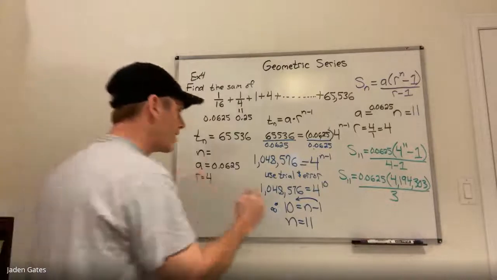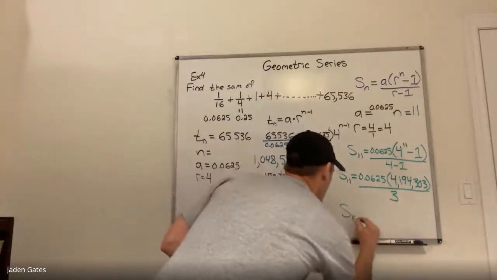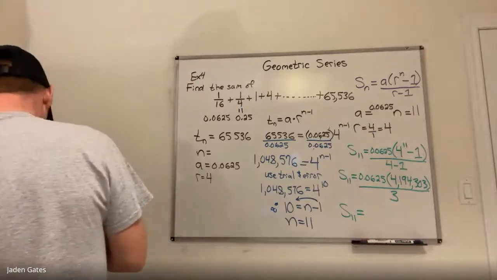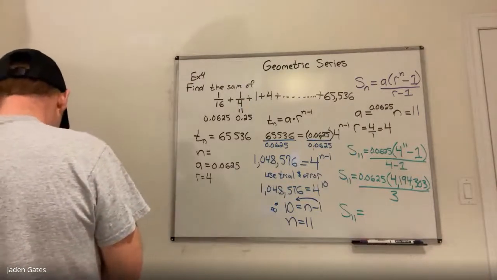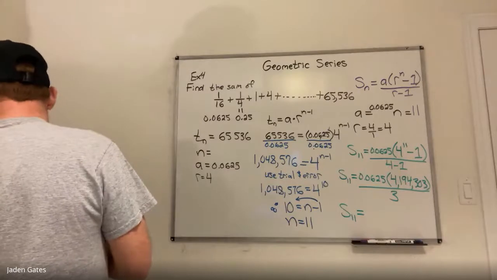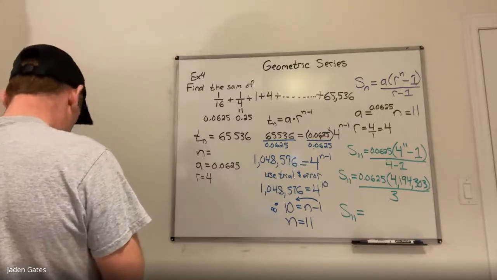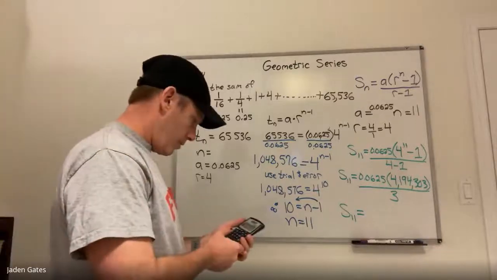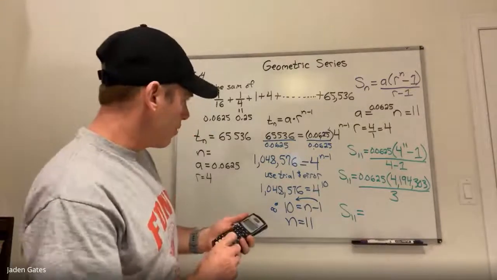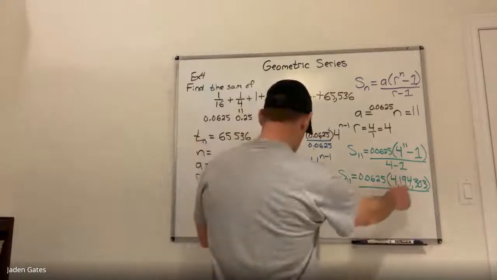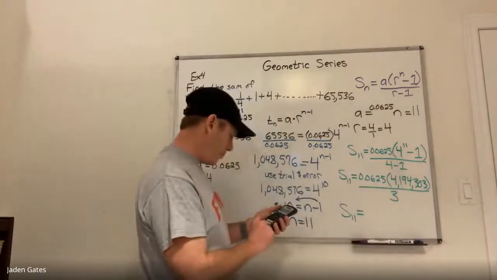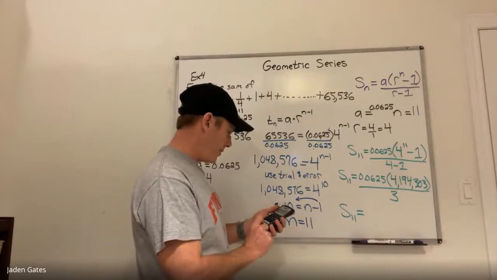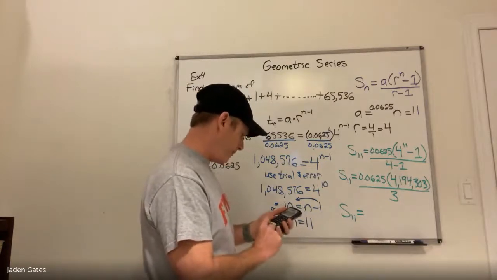All right, so finally I can do all those calculations. Let's see here. My calculator going here. Minus 1. I think I messed it up on the note here. This is right though. All right, so I got that number times my decimal 0.0625 and then divide by 3.